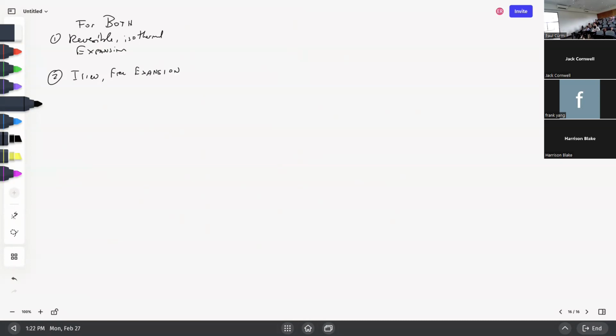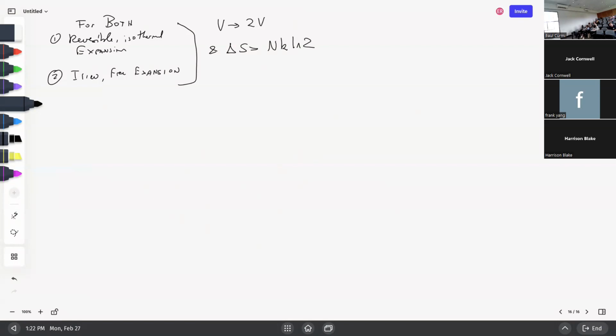Both of these go from V to 2V, and delta S is going to be equal to NK ln 2. Okay, both of these. Do you find that strange? I do.